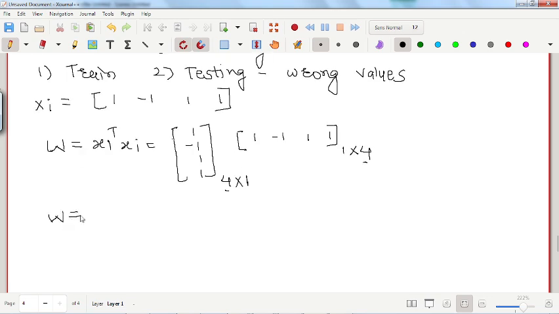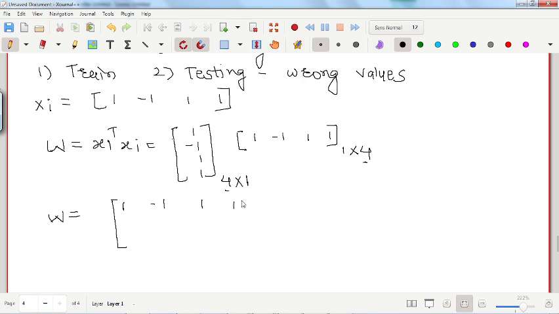So W equals the product, 16 weights in a matrix of size 4 by 4. First row, first column. First row, second column. First row, third column. First row, fourth column.